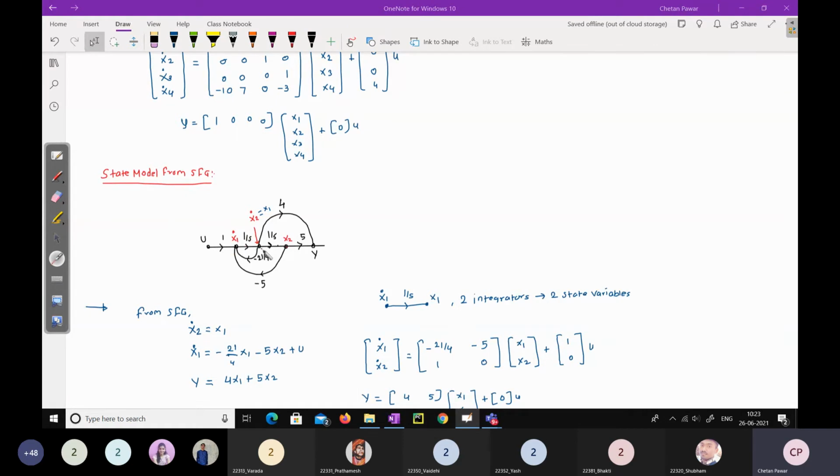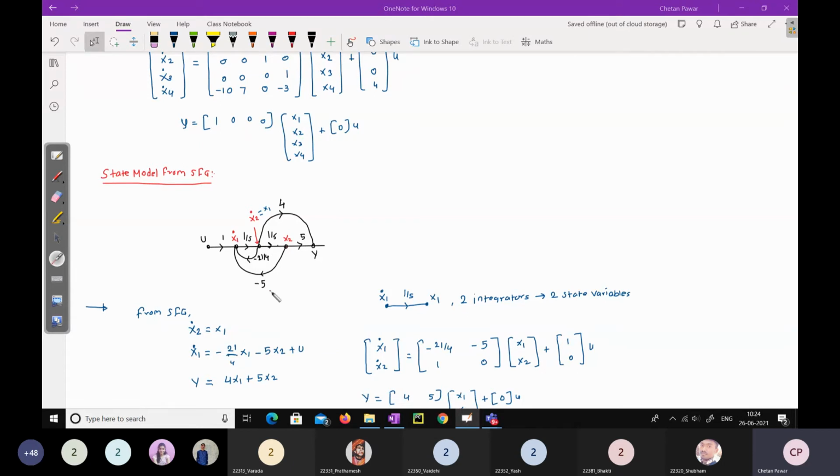The first thing you need to do here is identify how many state variables there are. After identifying that, the second step is to check the input and output, and assign those state variables to the input and output of the integrators. Here I have applied x2, here I have applied x1.